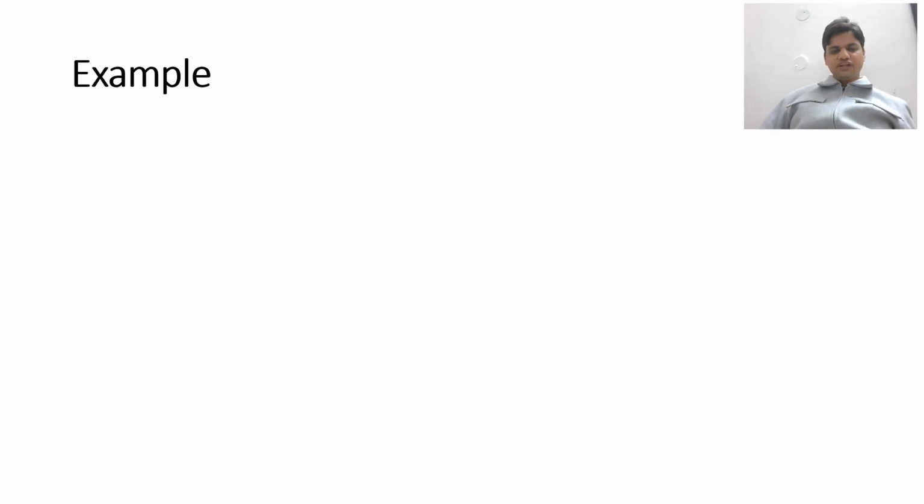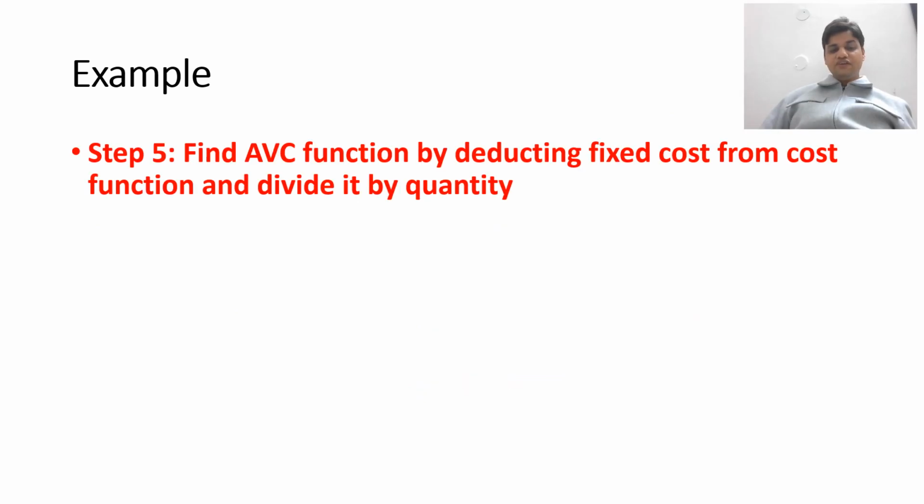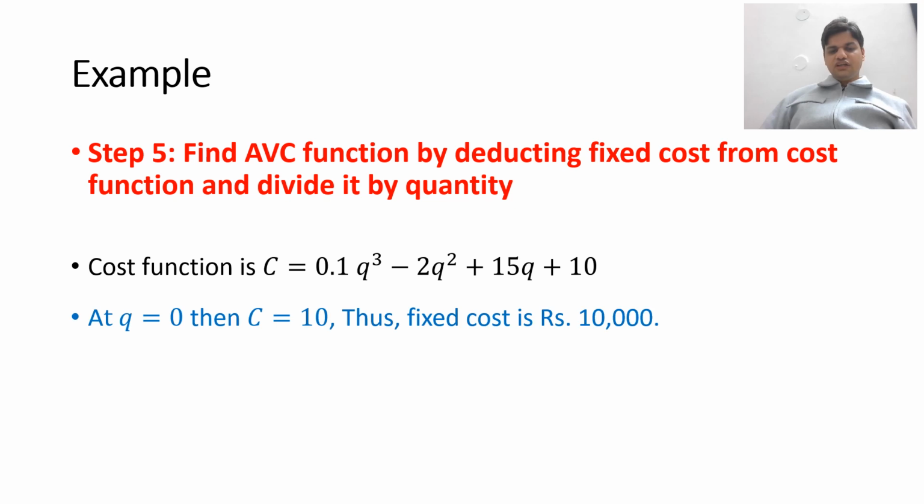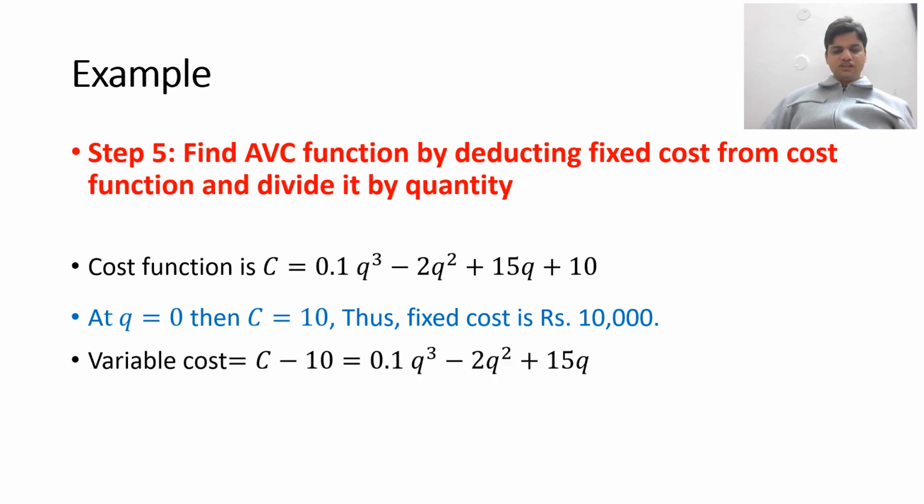Now going to the next step, step 5, find the AVC function by deducting fixed cost from the cost function and dividing it by quantity. This is our cost function, and we have already discussed what the fixed cost is. It is rupees 10,000. So 10 is the amount of fixed cost here.